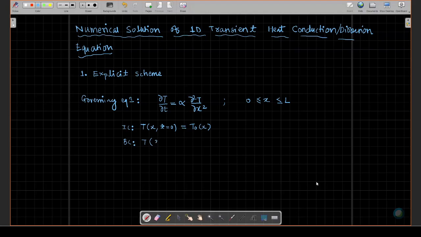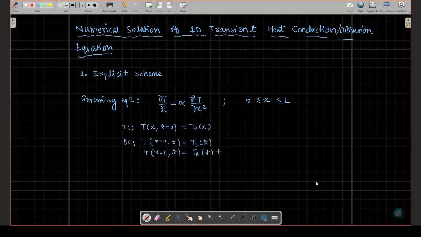So we'll have to specify at x equals 0, comma t, maybe T left as a function of time. Then again, two boundary conditions are required. So maybe you will have to specify at x equals L, the other end, what is the boundary condition? Say it is T R. So such things will be there.